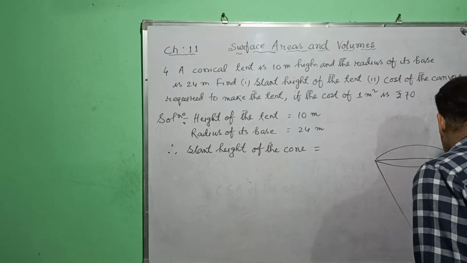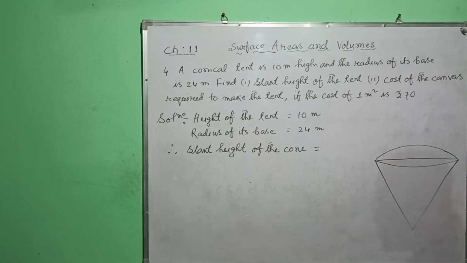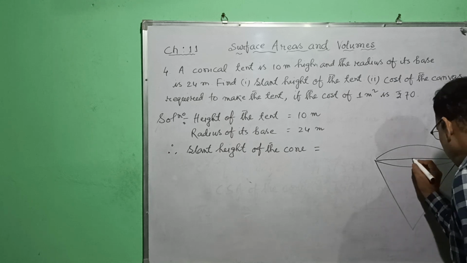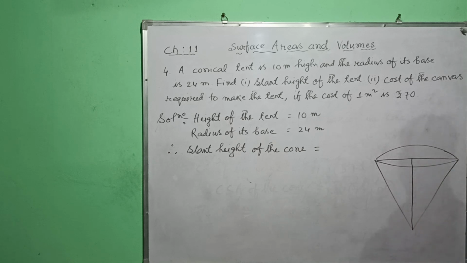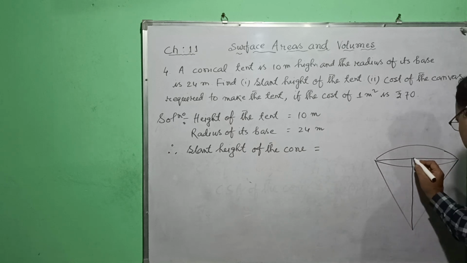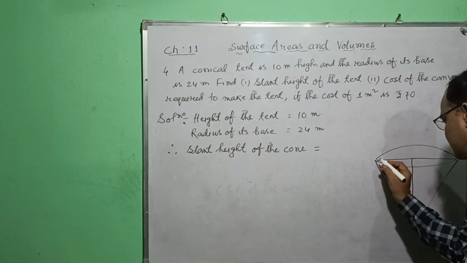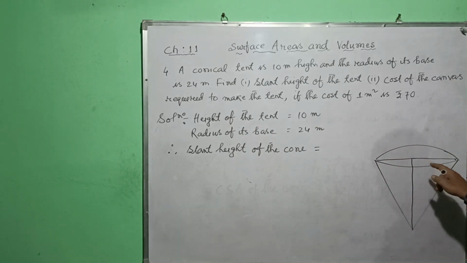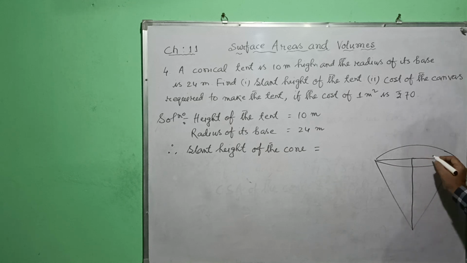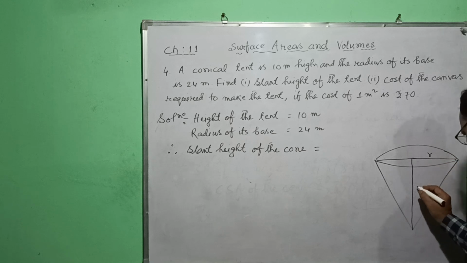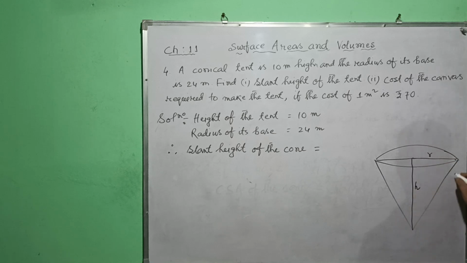Now in this cone, this is the diameter of the base of the cone, and that one is the height, and this is radius, that one also radius. It is not looking perfectly in the middle due to my drawing, but it is in the middle. So this is radius r, that one is height h, and this line is called slant height.